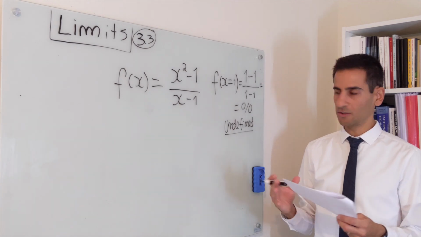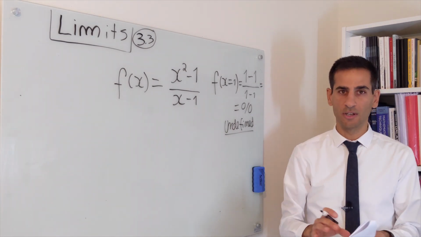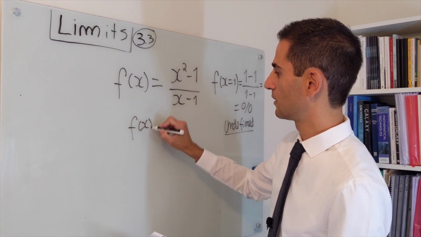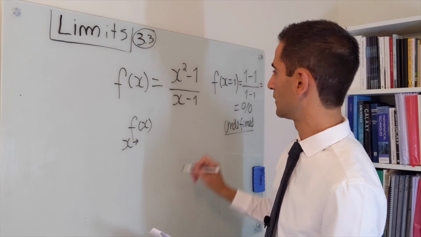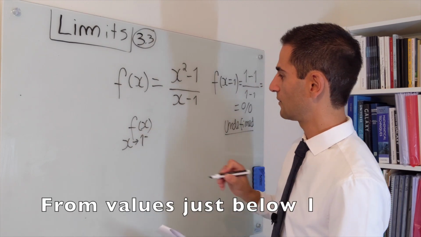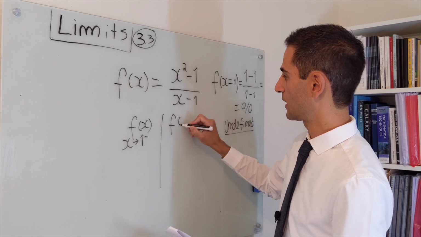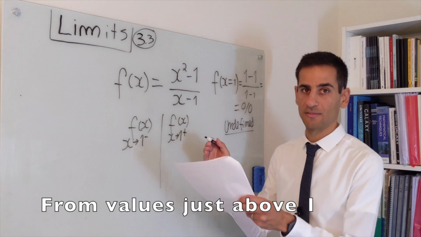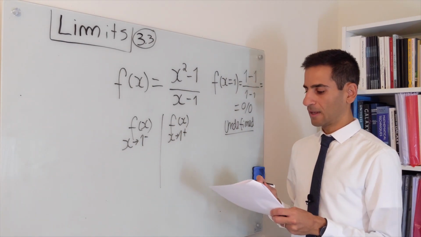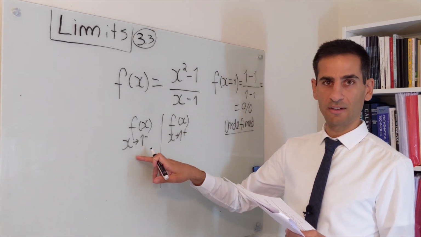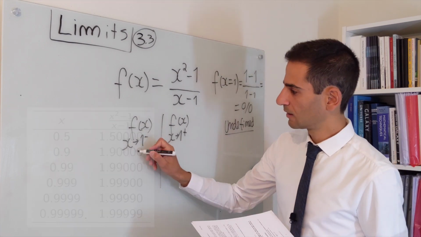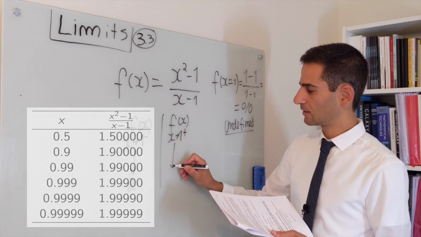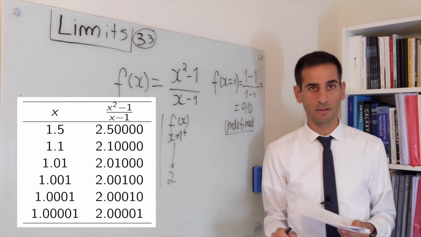And a way that you can see this is with your own calculator. You can have a look at f of x when x tends to 1 from negative values, and f of x when x tends to 1 from positive values higher than 1. What you'll see is that as you plug in values, this will tend to 2, and the same thing goes here.